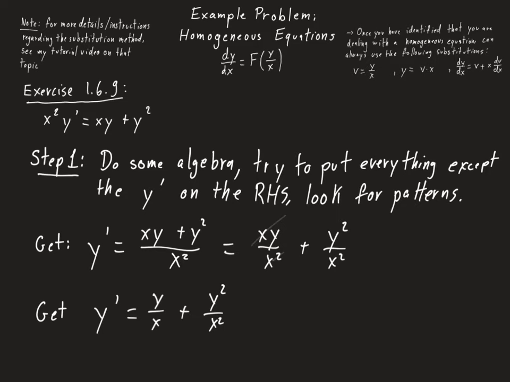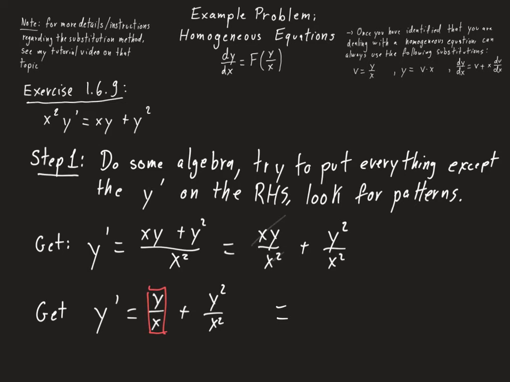All right. The thing you need to spot to recognize that this is a homogeneous equation is that we have an addition of two terms that can both be expressed as functions, in some sense, of y over x. First off, we have very clearly just y over x all on its own over here. But y squared over x squared can also be rewritten as a function of y over x.